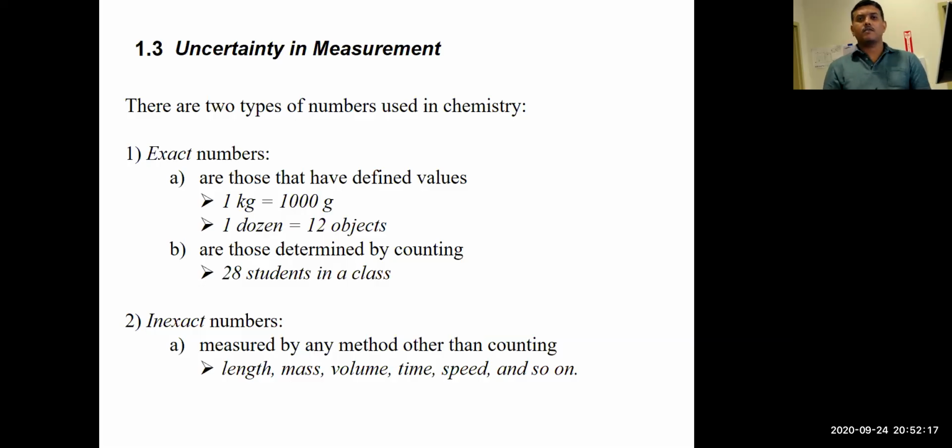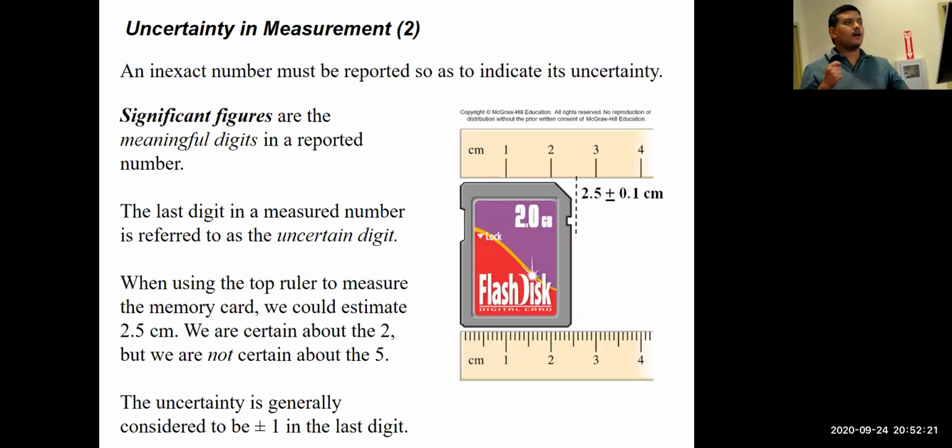All of these, when you try to measure, always have some amount of uncertainty present. You could estimate your best guess of the measurement, but you cannot be sure it is exactly accurate, just like an exact number.